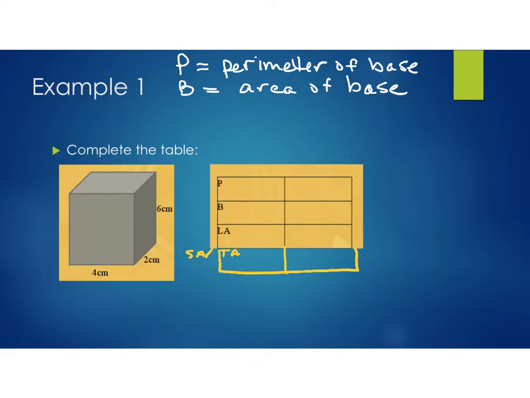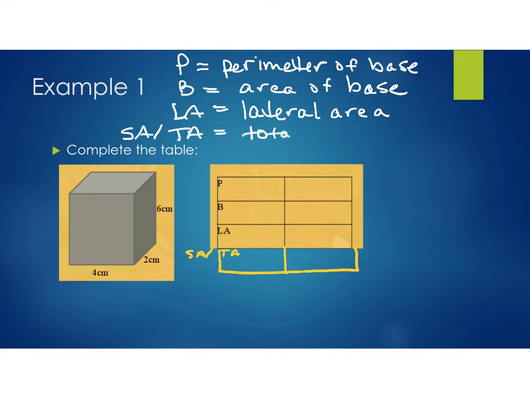The LA represents the lateral area. The TA, or the SA, represents the total area or surface area.